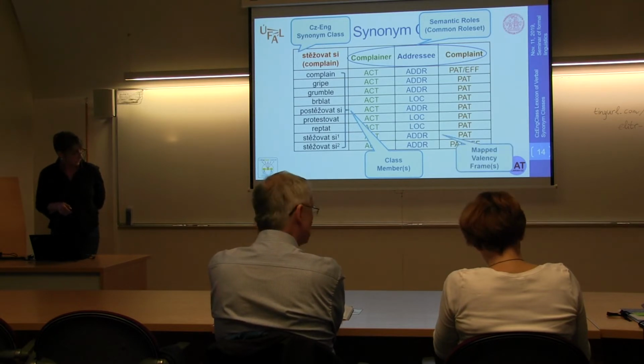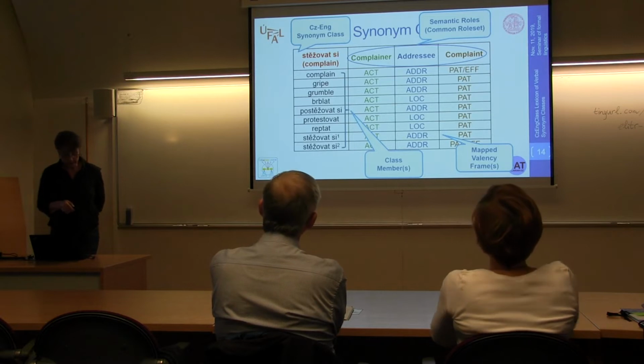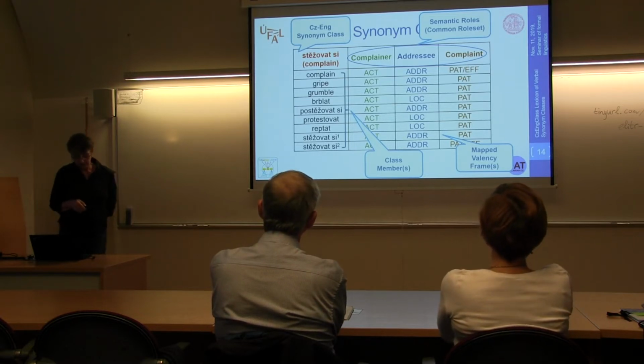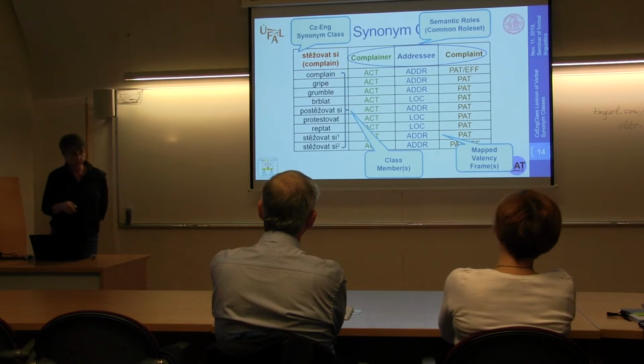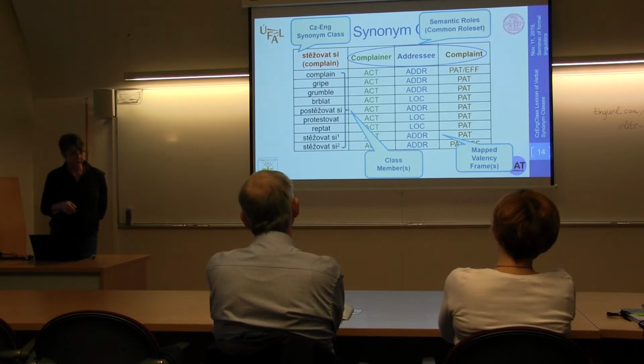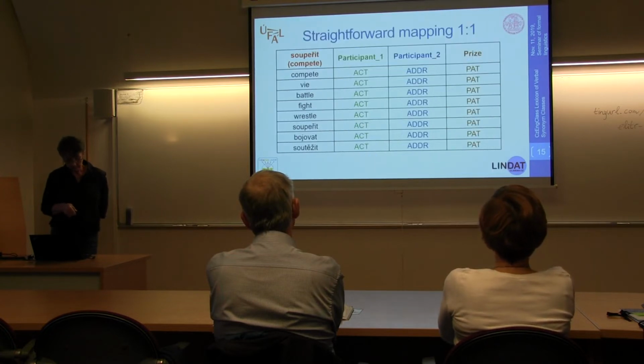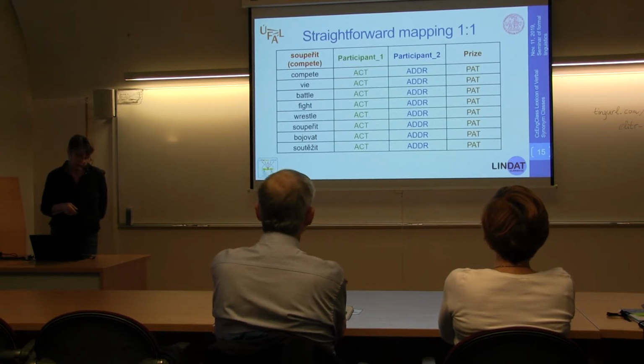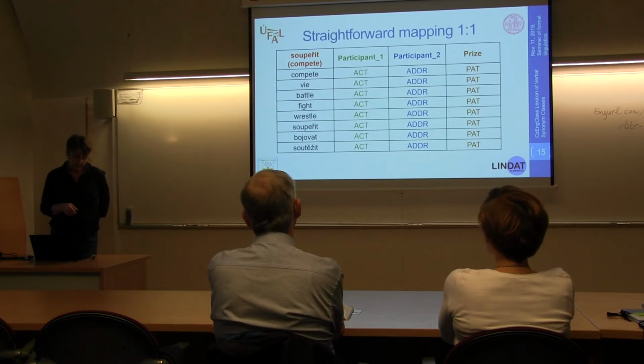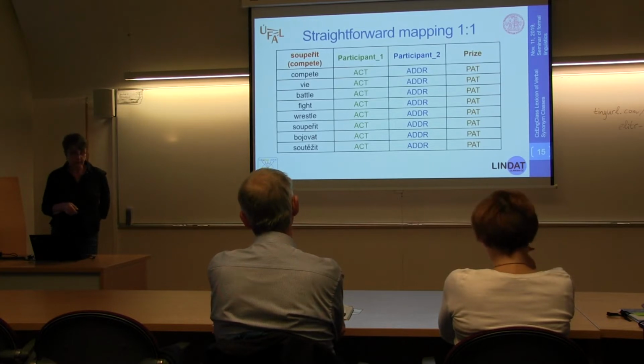And next, each valency frame has its valency arguments mapped to the individual semantic roles from the common role set. I'm not sure what the exact numbers are, but I guess that most of the examples have a straightforward mapping. It means that one semantic role is mapped to one valency argument.